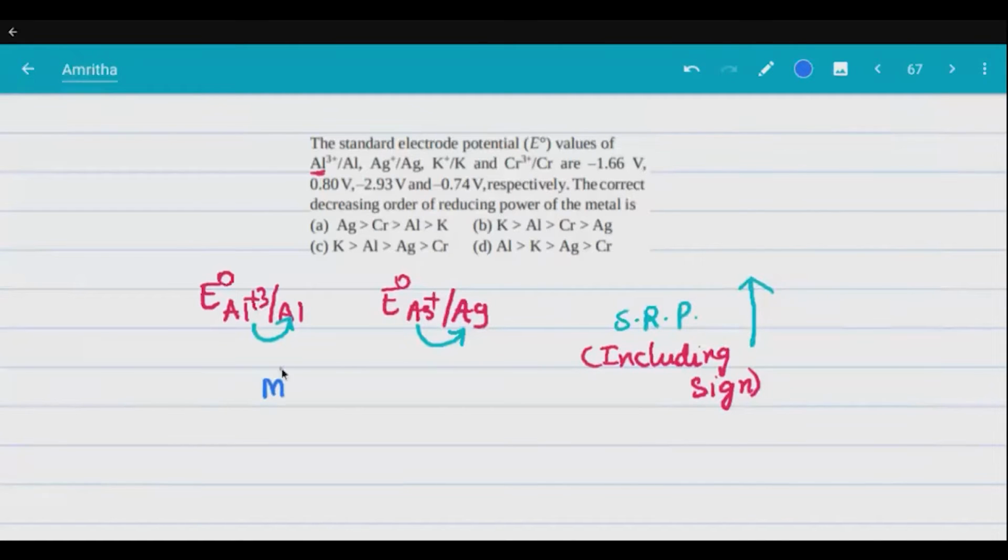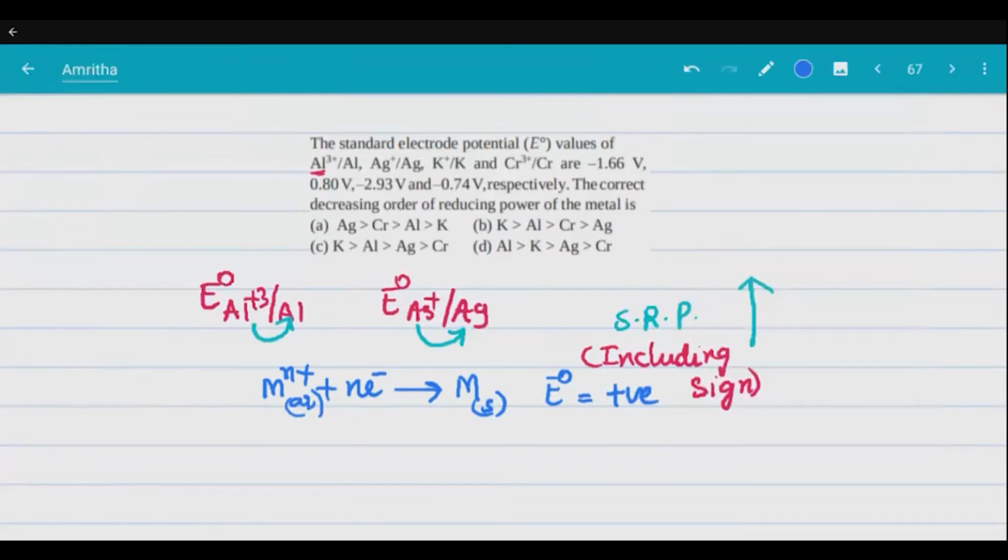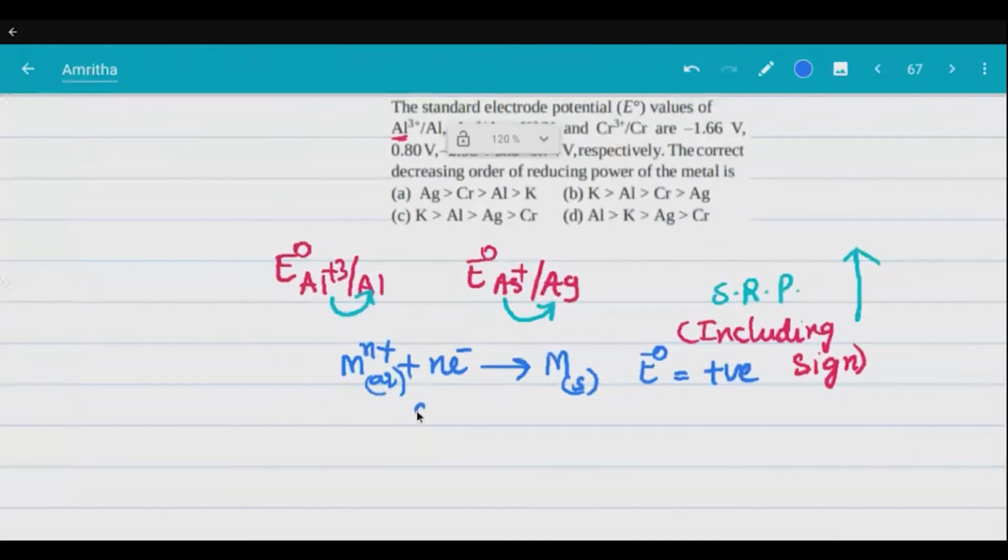I'm writing a general reaction: M n plus plus n electrons gives M, where M n plus is aqueous and M is solid. So E naught is positive, which means this forward reaction is spontaneous.